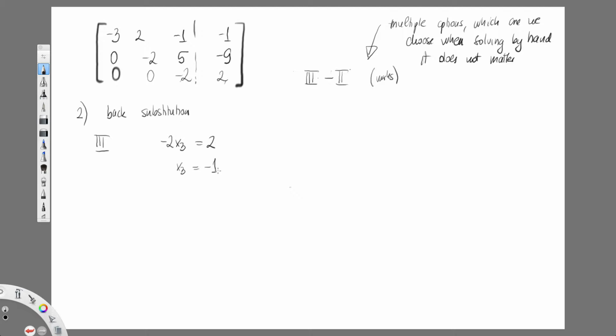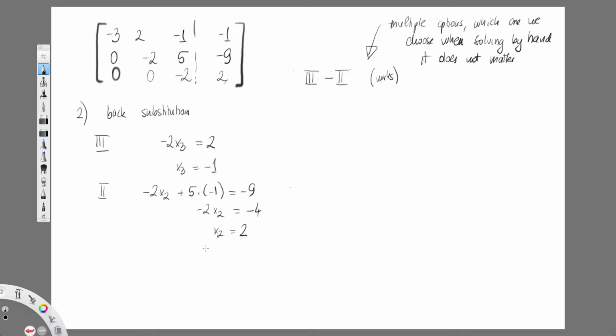And I can plug that into my second equation. Could you plug that in for me? So it's minus 2x2 plus 5 times minus 1 is equal to minus 9. Minus 2x2 is equal then? So x2 is 2. And then the next person, in the second row up, Nick, is it?